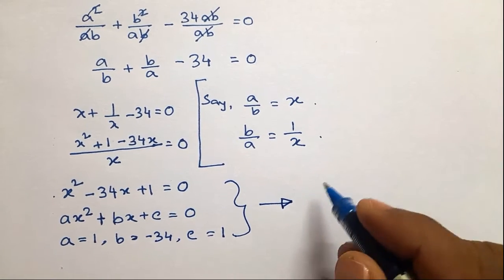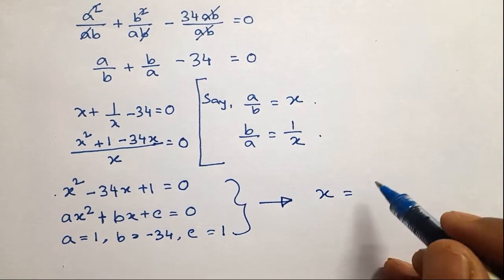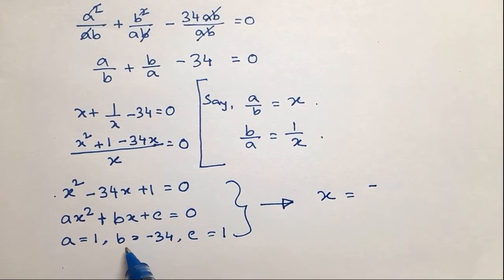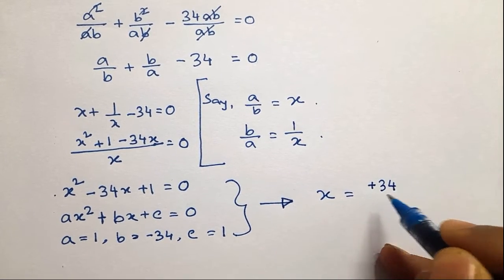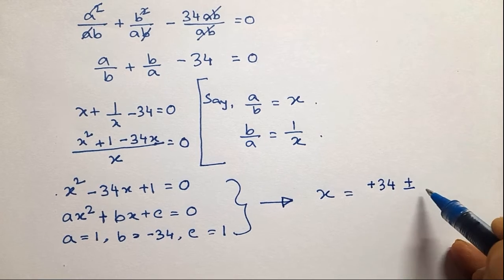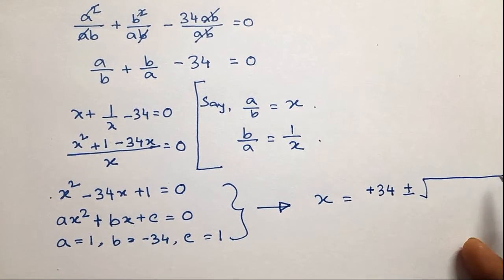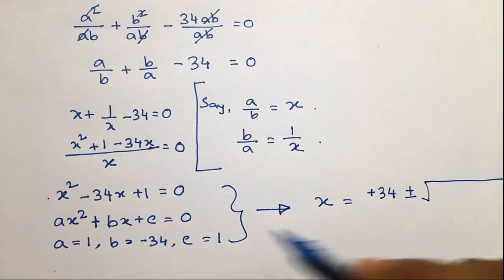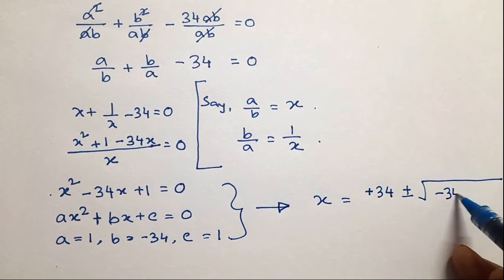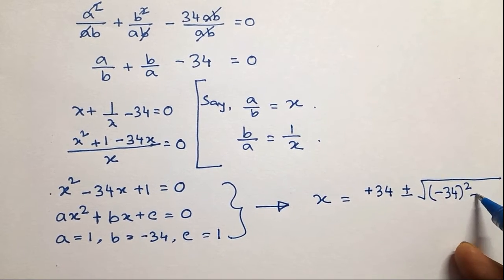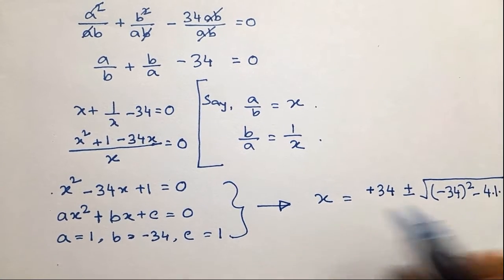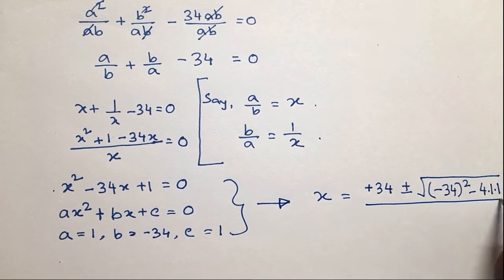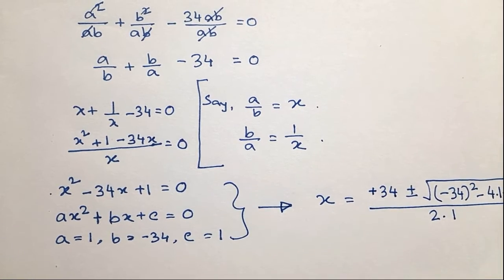So from here we can write the value of x is equal to minus b. What is the value of b? It is minus 34, so it will become plus 34 because it is minus b, plus minus root over of b square. What is b? That is minus 34 again. So it is minus 34 whole square minus 4 into a, that means 1 into c, divided by 2 into a.